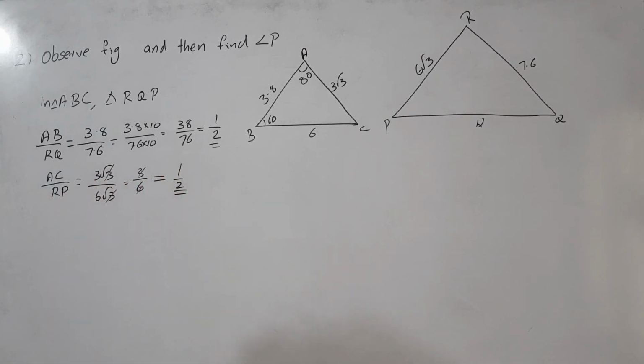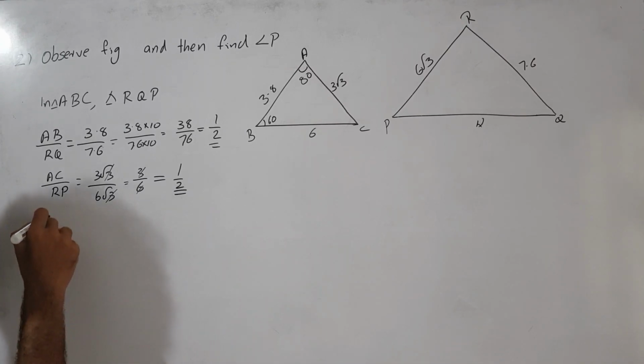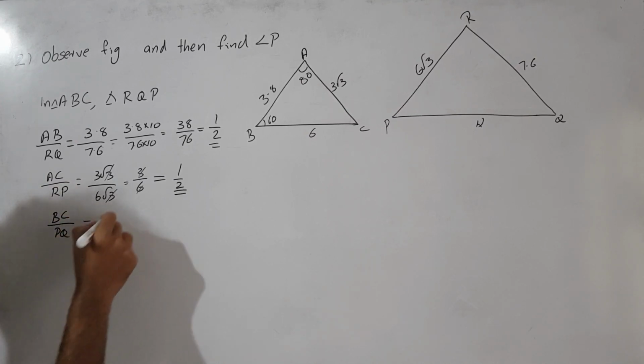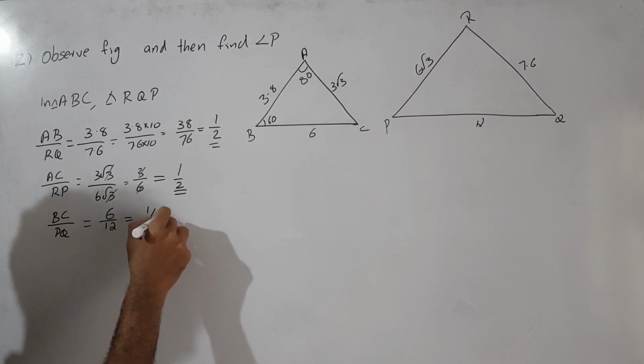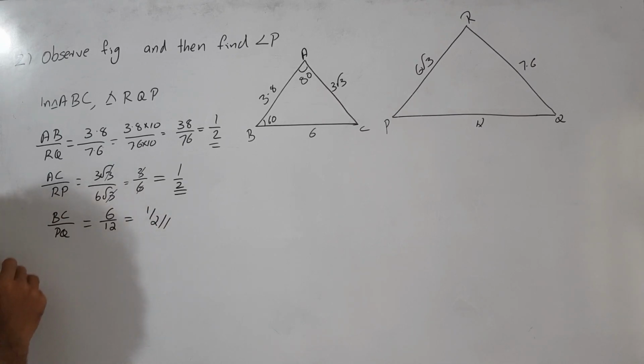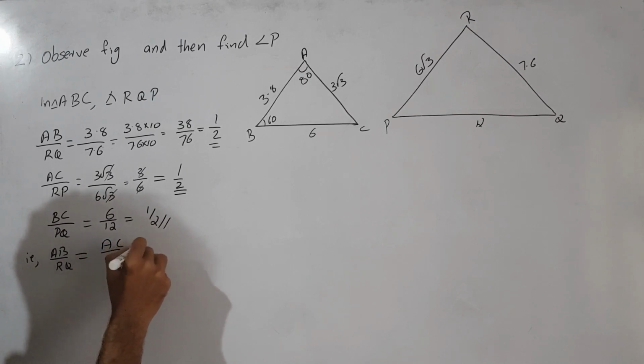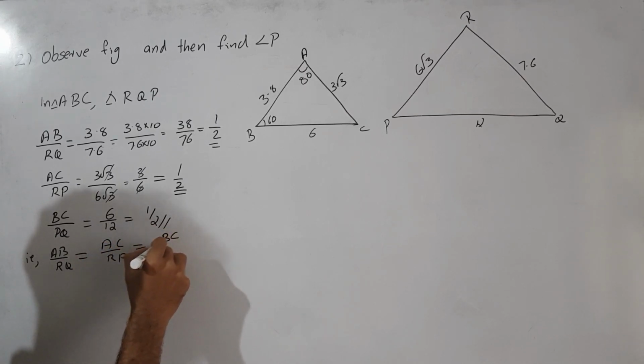So the second ratio is also the same, 1 by 2. The remaining, the third one, is BC by PQ. BC by PQ is equal to 6 by 12, which is very clearly 1 by 2.